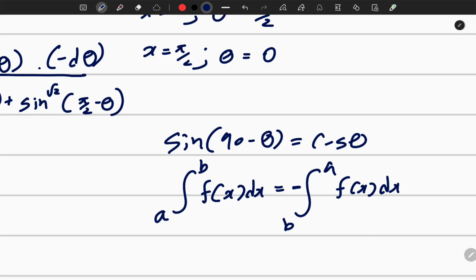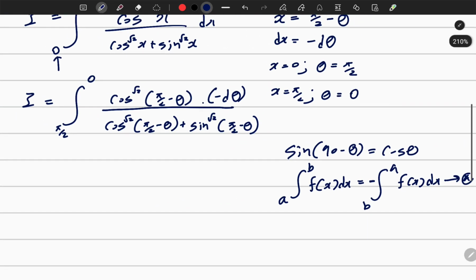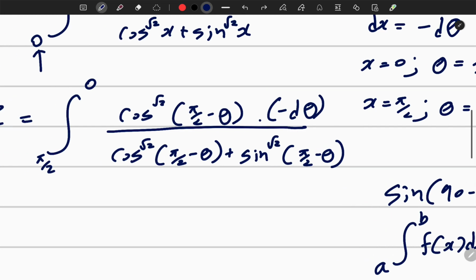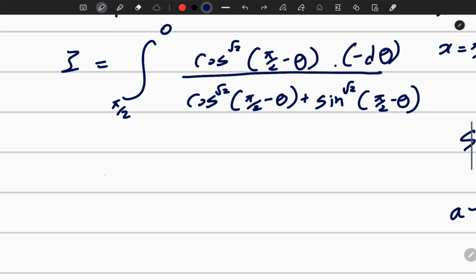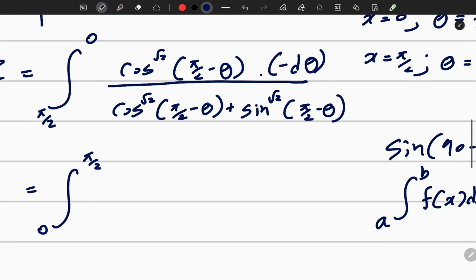So since there is a negative sign, I am going to multiply it by the limits. So the limits become 0 to 90, then this negative sign cancels out.